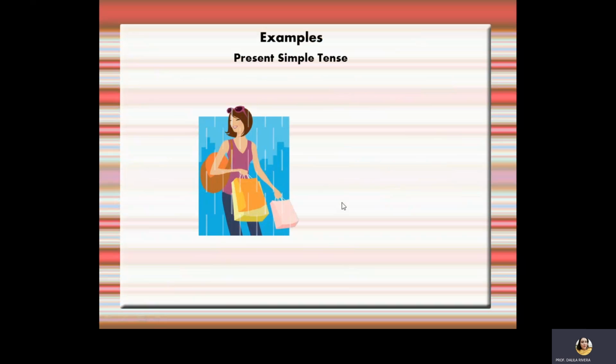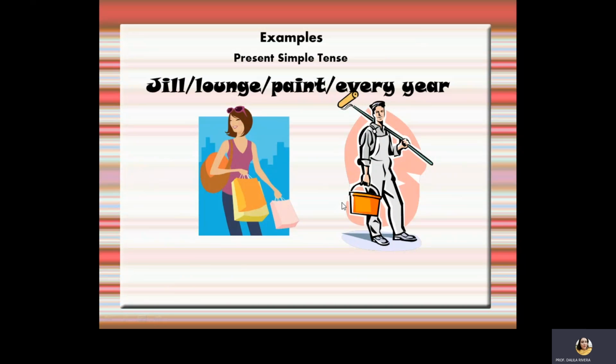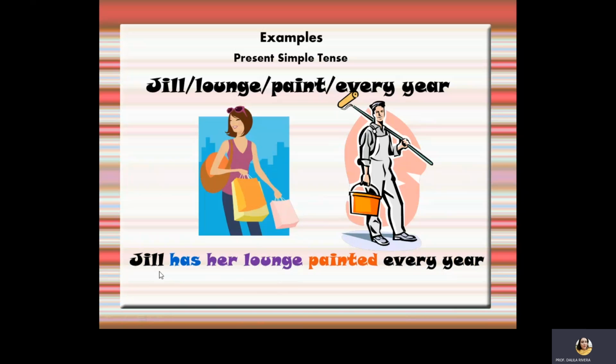I'm going to give you some other examples here. You have these clues: Jill, lunch, paint, every year. With present simple tense, it is Jill has her lunch painted every year.